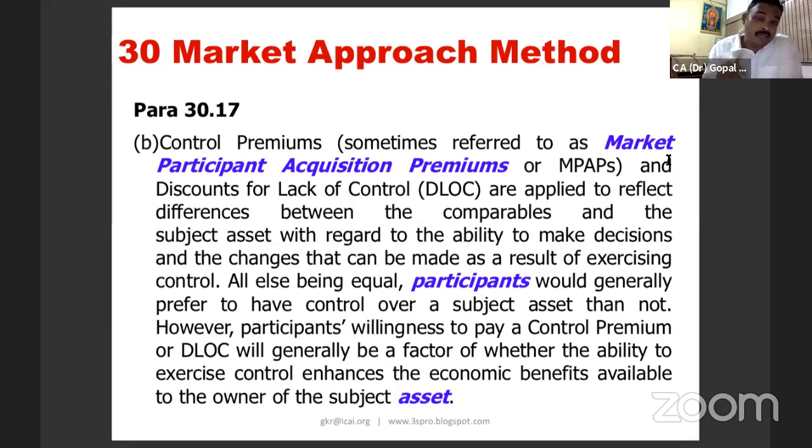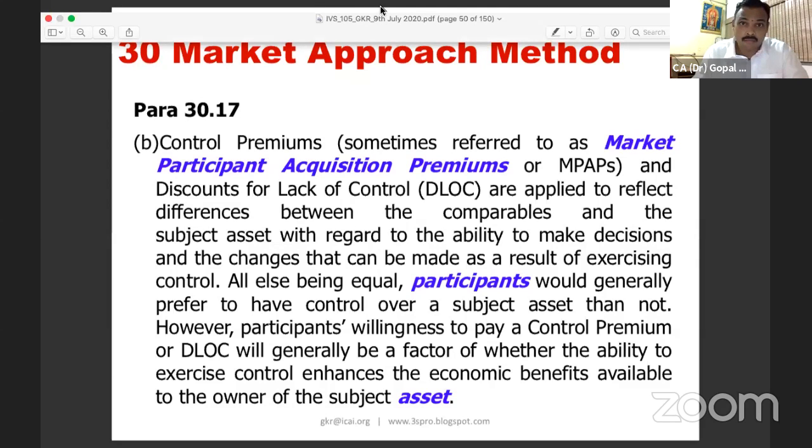This is the question. If it enhances, then add a premium. If it decreases, then you discount it. So, a very interesting aspect. This para, you read it as many times as possible. I have read this paragraph, I will say, more than 100 times. Very, very interesting.